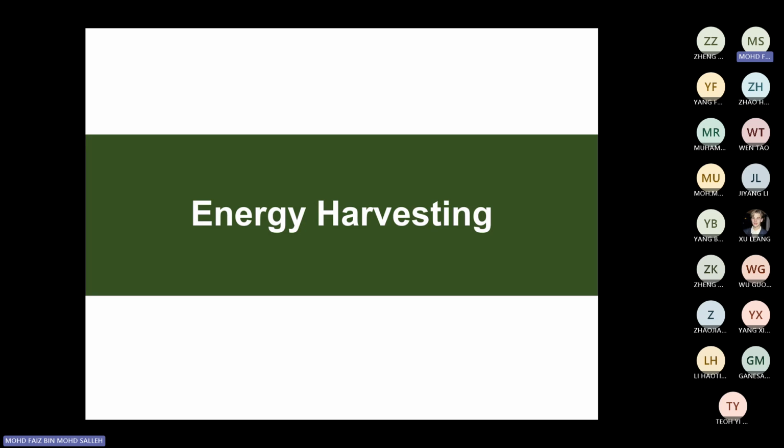Because usually when we want to use small electronic devices like sensor nodes, they need around milliwatts, no more than a few watts, maybe a few tens of milliwatts. And this kind of energy harvester can help to produce that much energy.